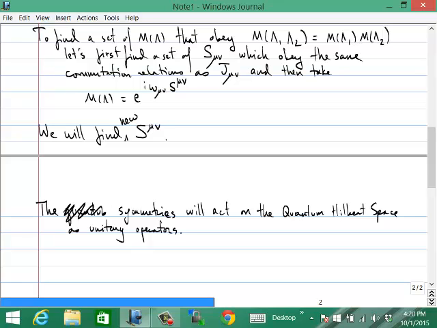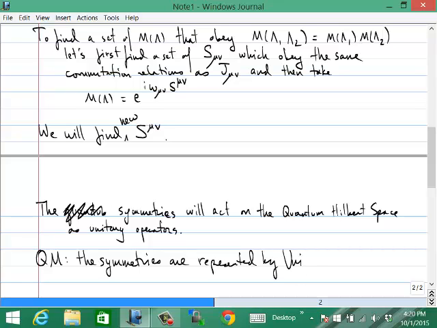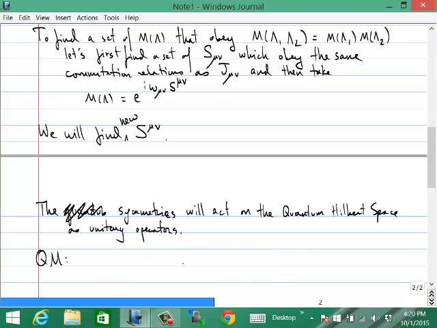So we say then that in quantum mechanics, the group of symmetries are represented by unitary operators. Let me say that a little bit differently.